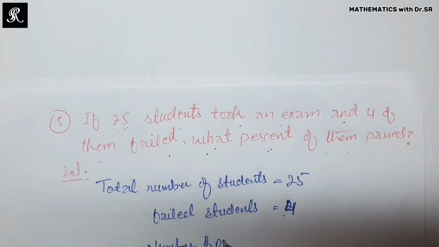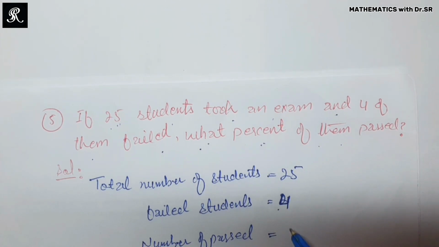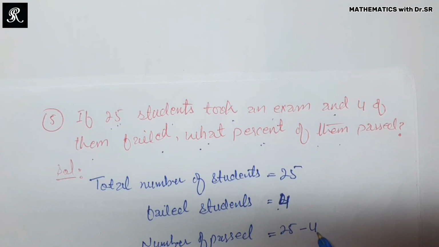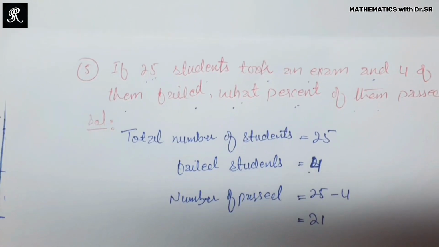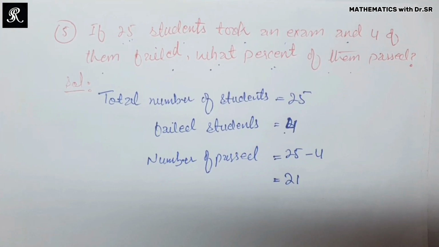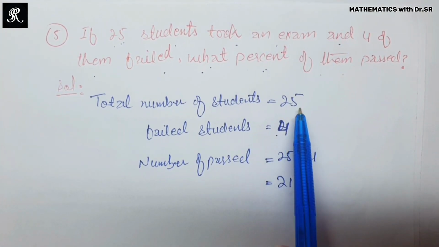Number of passed students will be 25 minus 4, that would be 21. So 21 students passed out of 25.